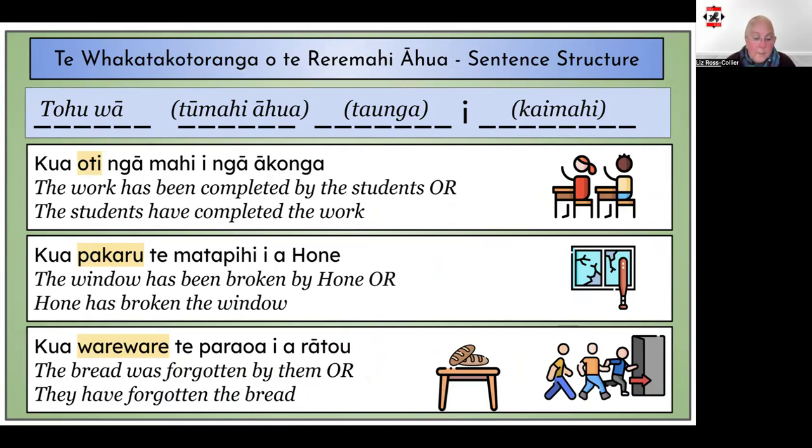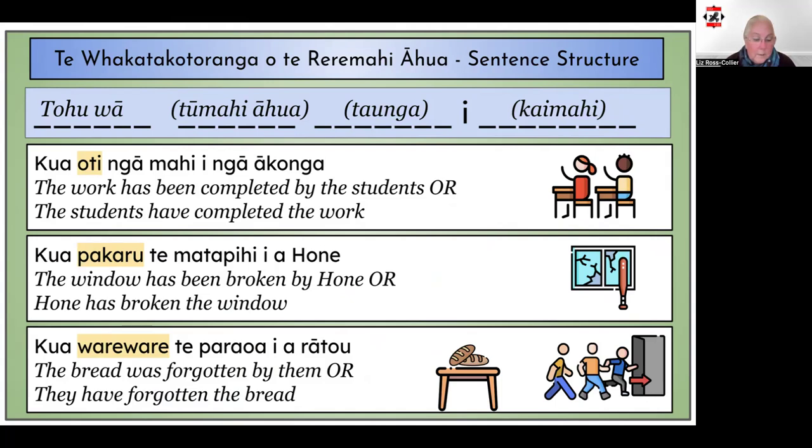In the second example, I've used a person's name. Now, when a person's name is used as a kaimahi, the general rule here is we put the word a before it. Kua pakaru te matapihi i a Hone. In the last example, I've used a tūkapi, the personal pronoun rātou. The same rule applies here.